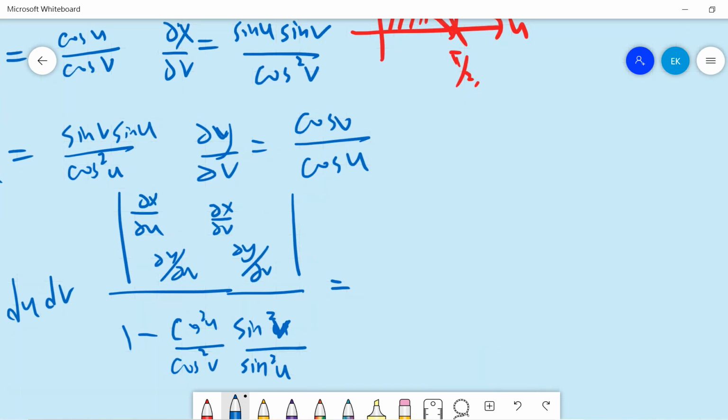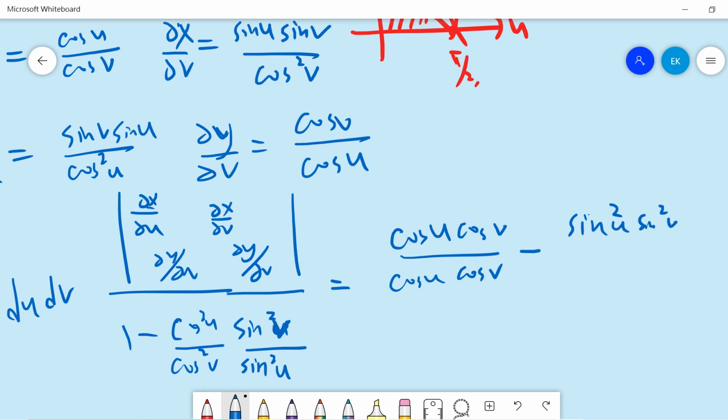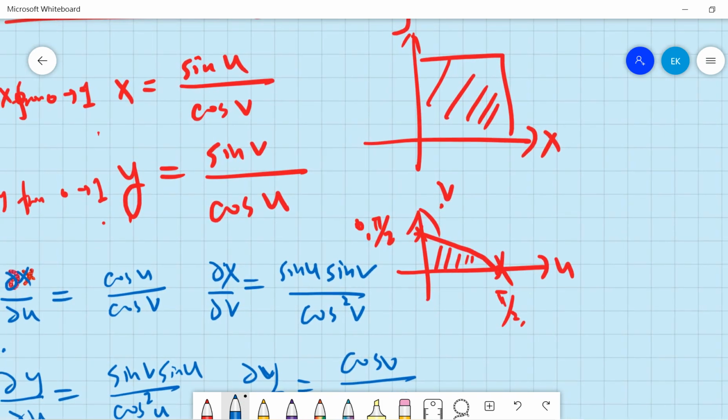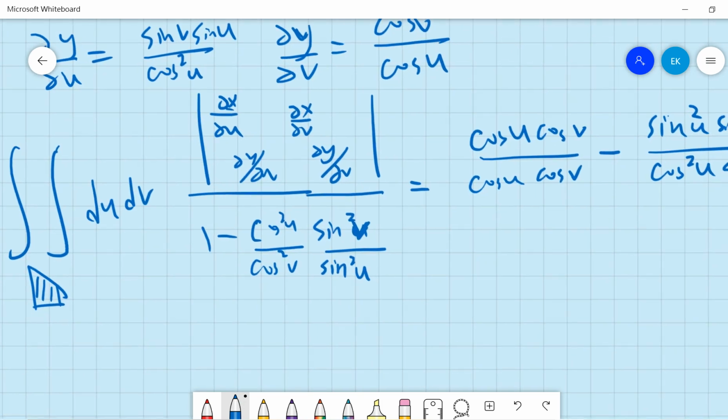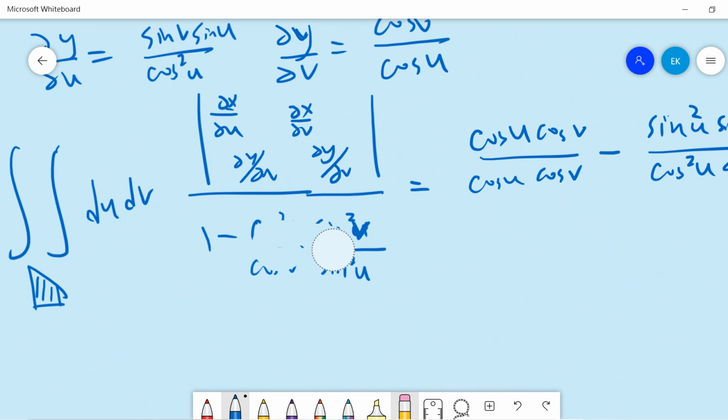If you do it carefully, you will see that this term multiplication will be cosine u cosine v over cosine u cosine v minus sine u squared sine v squared over... Oh, so I missed that. The x times y should be sine u sine v over cosine u cosine v. I missed this part.